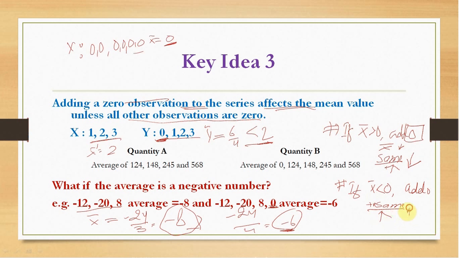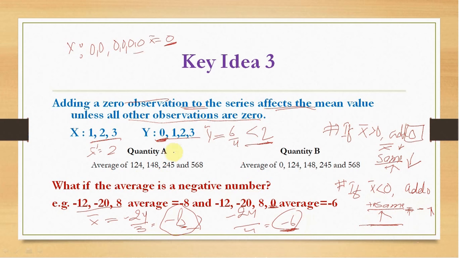So in this case, though the absolute value of the average will reduce, the negative sign before the absolute value will indeed make the number larger than the previous. I mean, just take this example in your mind. Adding 0 has reduced the value in absolute terms from 8 to 6, but with this minus sign, negative 6 is larger than negative 8. So this conclusion follows from these two examples.